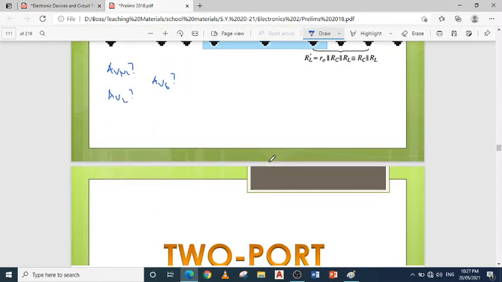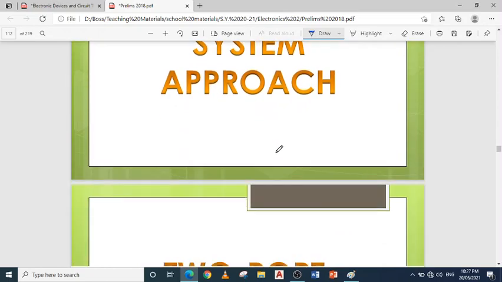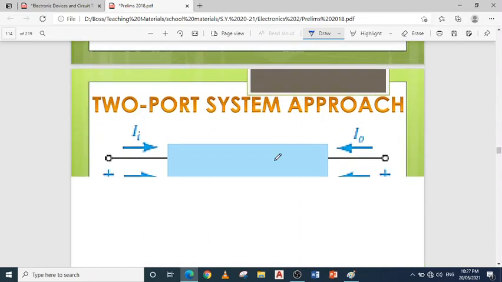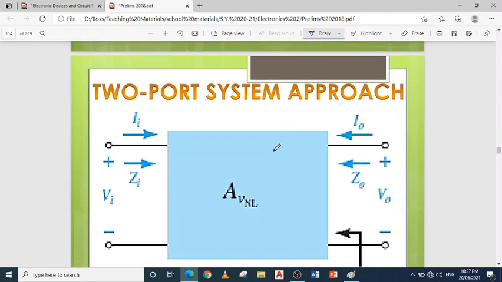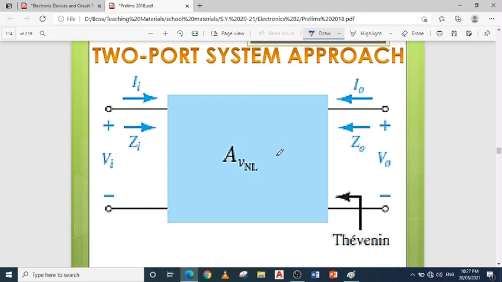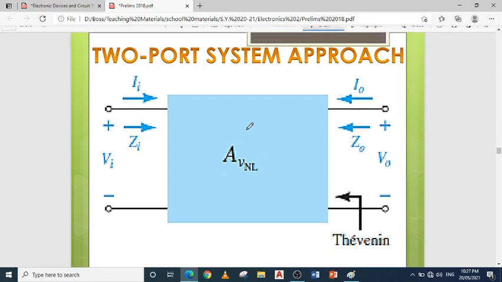In the two-port system approach, this is how it looks. The whole circuit is described as just a block diagram, without load of course. So, the AV here is AV no load, the usual one we solved last time.